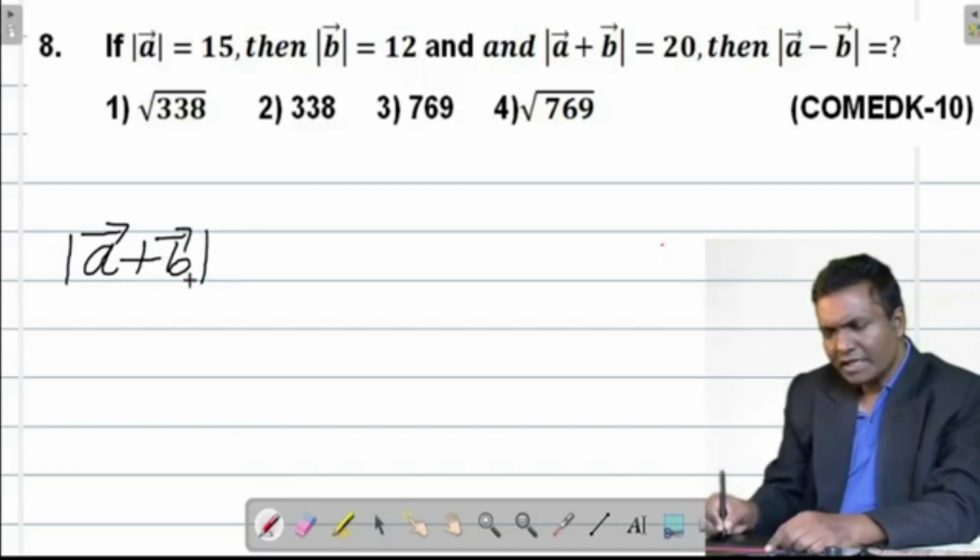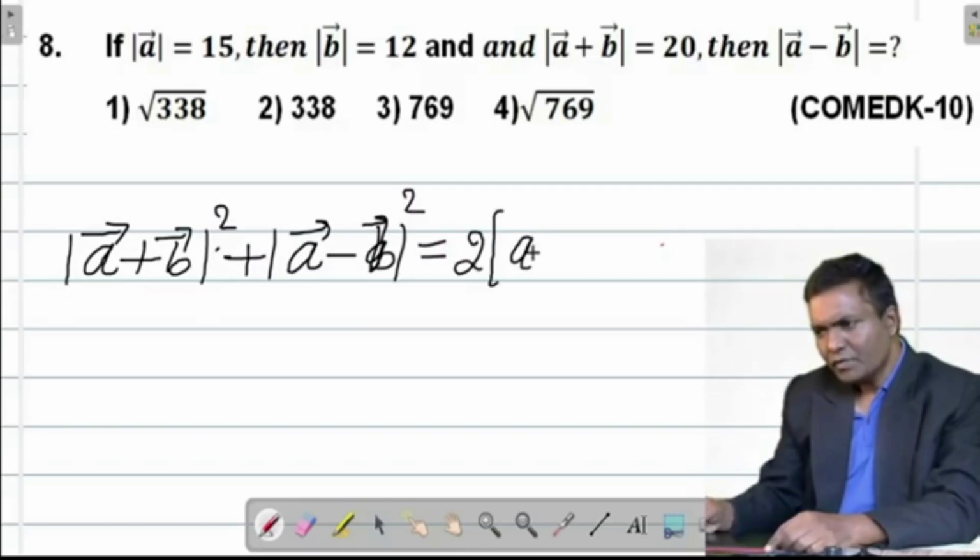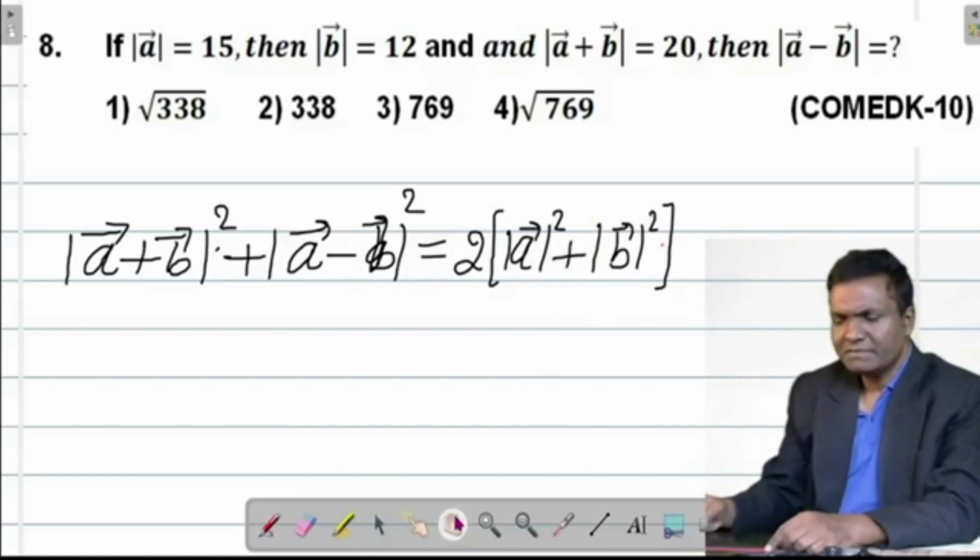Magnitude of vector A plus vector B its square plus magnitude of vector A minus vector B square is equal to 2 into magnitude of vector A square plus magnitude of vector B square. This must be known to you.